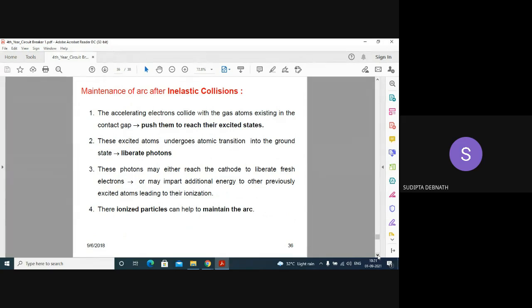They liberate photons. These photons may either reach the cathode to liberate fresh electrons or impart additional energy to other existing atoms, leading to their ionization. Thus, the ionization particles help to maintain the arc. Okay, this is how the ionization is maintained due to inelastic collision.